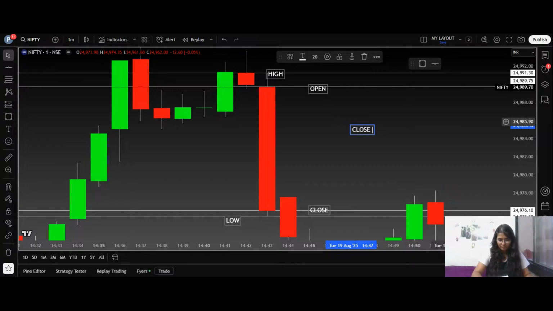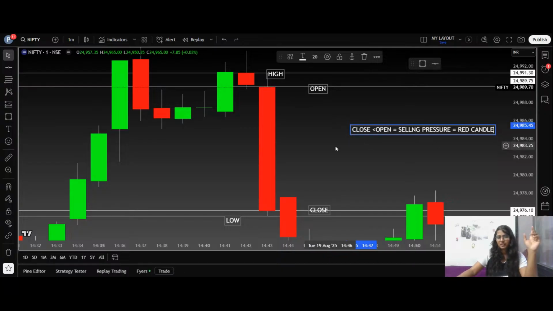If close is less than open, then selling pressure, which means red candle. This is how I knew this must be a red candle.